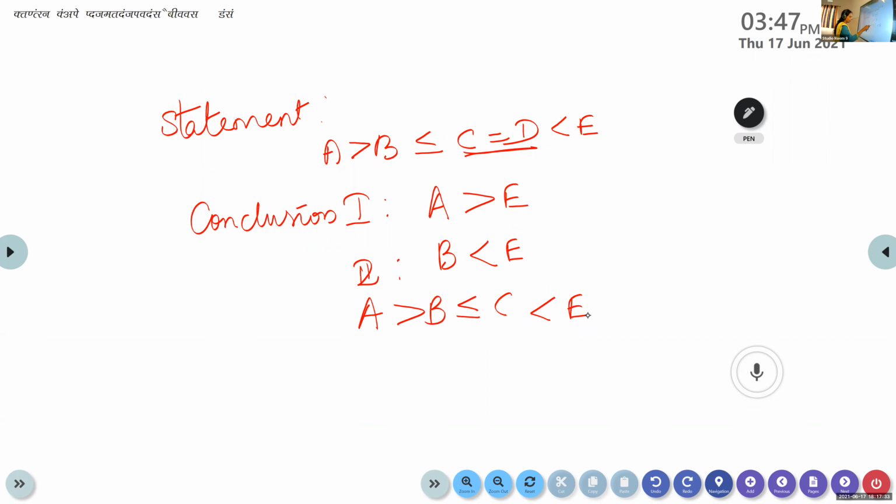A is greater than B. Afterwards, we are getting it is less than C, less than E. So is it possible to compare A and E? We have greater than symbol. Now I think you can compare these three, isn't it? B is less than or equal to C. C less than E.